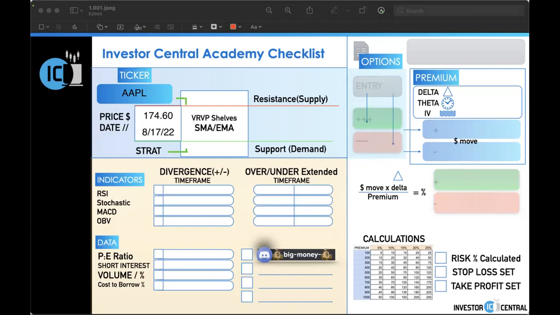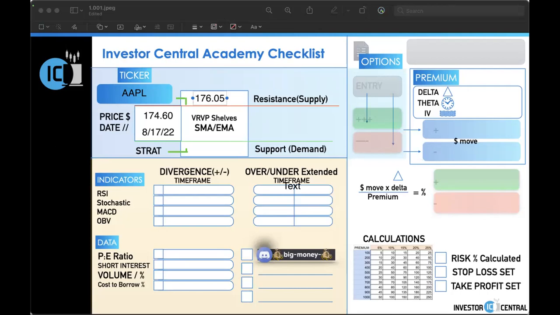okay, above 176.05. Okay, above that, what would you target?